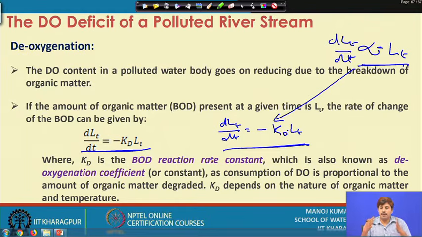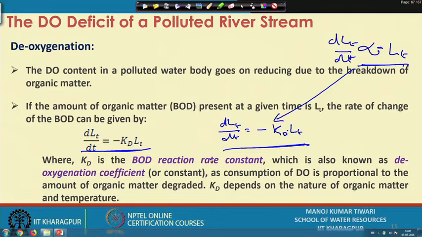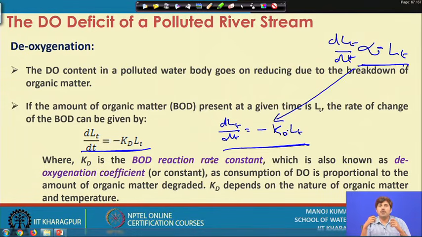the bacteria utilize dissolved oxygen for organic matter decomposition. So, the consumption of dissolved oxygen, how much dissolved oxygen is getting consumed in the process, will be proportional to the amount of organic matter which is being degraded. So, the more organic matter being degraded, the more is the consumption of oxygen, right.